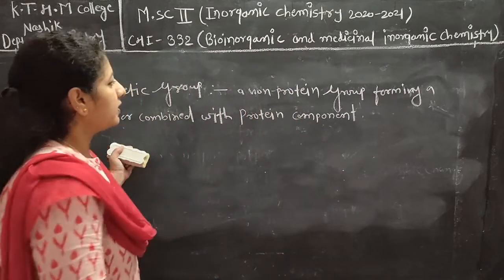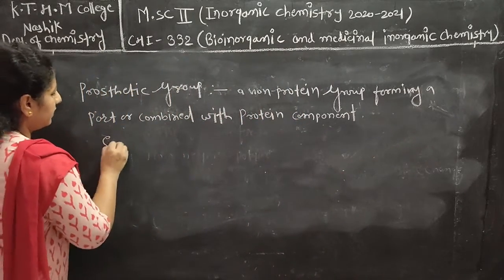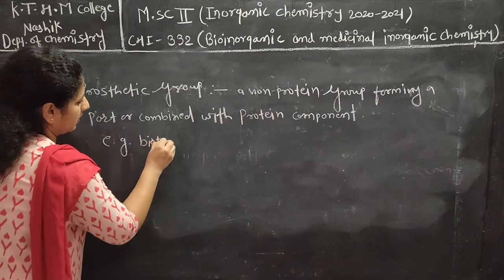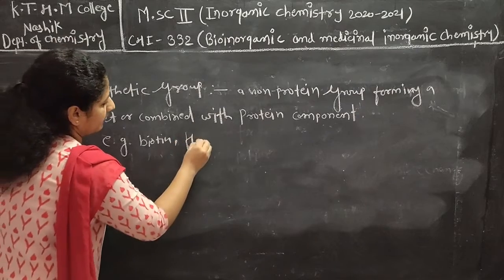It is known as a prosthetic group. Examples of prosthetic groups are biotin and again flavin.